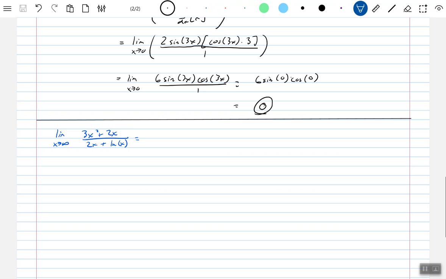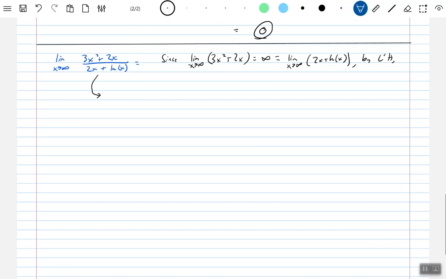So we get that since the limit as x goes to infinity of 3x squared plus 2x is equal to infinity. And when we say a limit's equal to infinity, we're saying it doesn't converge to a real number and it takes off an unbounded magnitude, is equal to the limit as x goes to infinity of 2x plus the natural log of x by L'Hopital's.